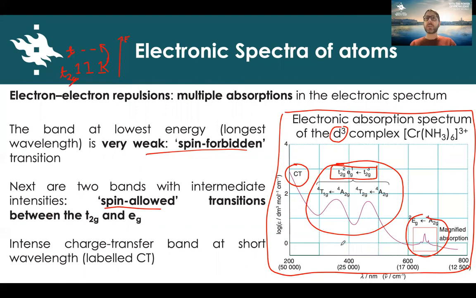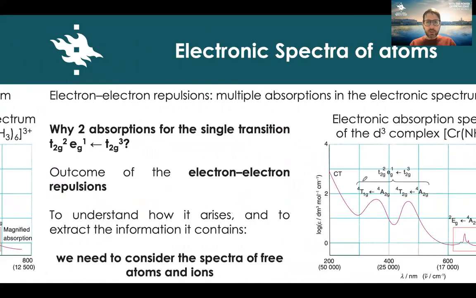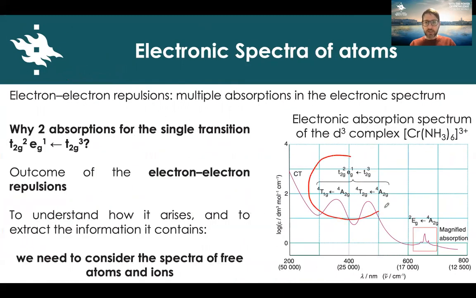So the question is, how come in this region that comprises transition between the T2G and the EG level, we have two bands instead of one? And this is because we have electron-electron repulsions. And then we need to understand why these electron-electron repulsions lead to more than one band.